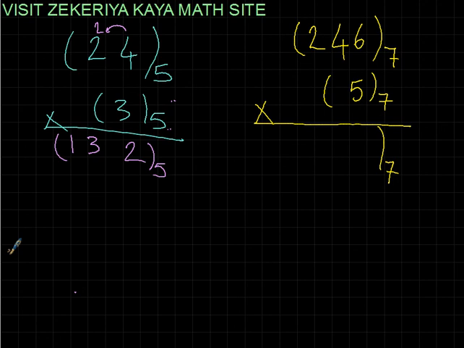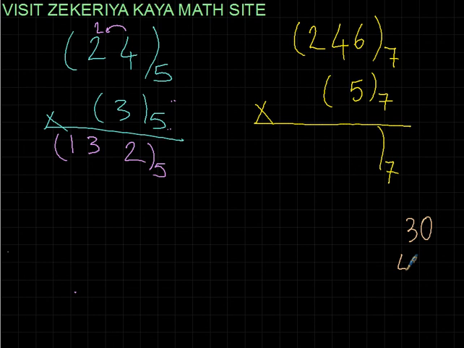Look at that. 5 times 6, 30. Now, we are in base 7. So, if there are 7 things, I can put them to the next part. In 30, how many 7s can I find?